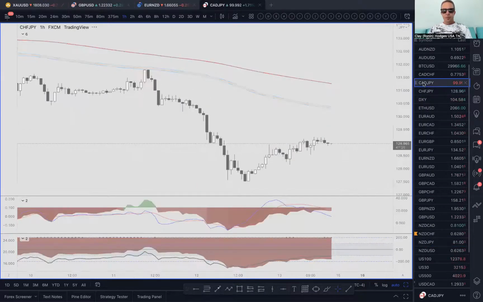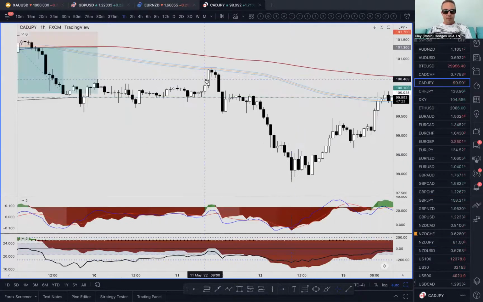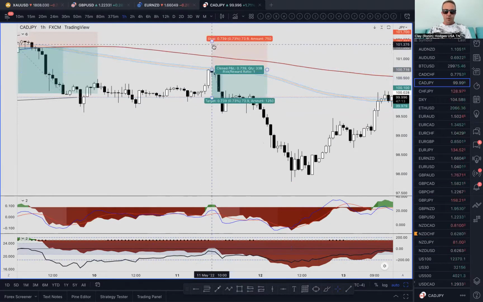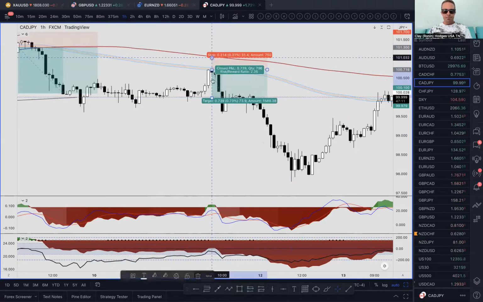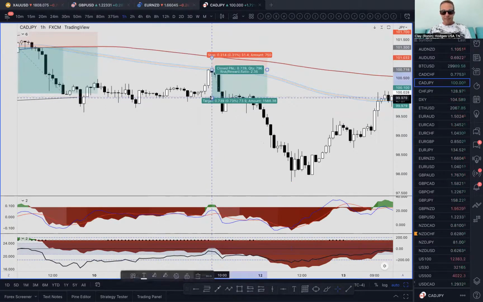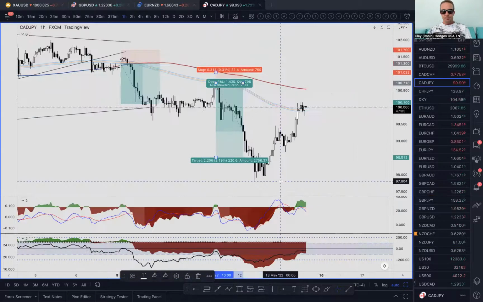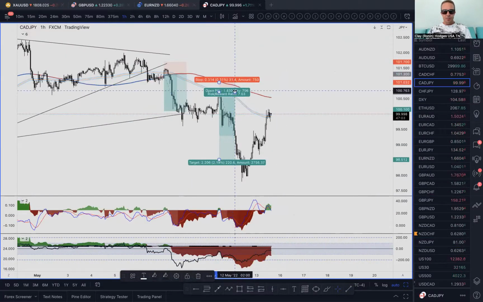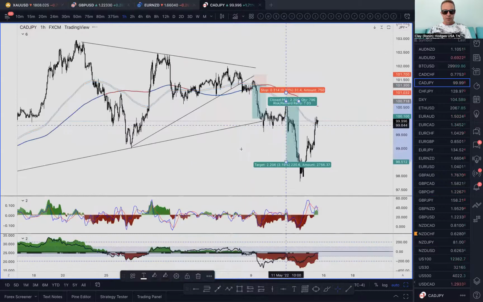So we're looking for opportunities for entries on these pullbacks using the Romomentum, using my strategy, using the indicator, and getting in on these trades. You can see here, pull back to our envelope, but we have it set up. You could have a decent size stop loss and still get some really, really good risk to reward here, whether you're looking for these former lows.